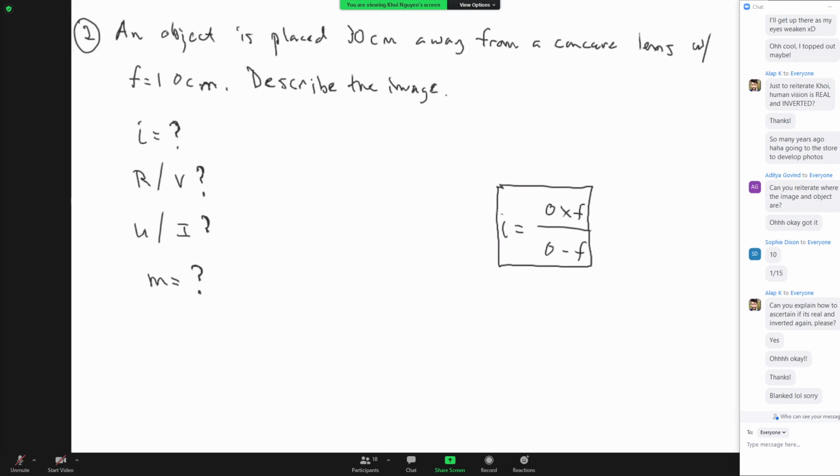About a minute, so we have time to go over this, and then I can give you a quick lesson on myopia and hyperopia, and then we'll do a passage.